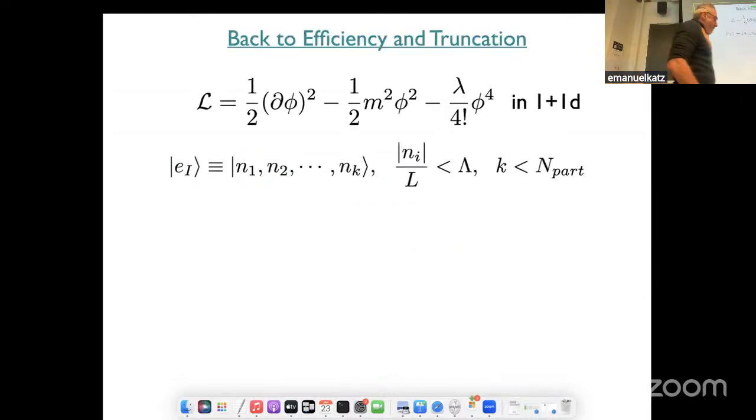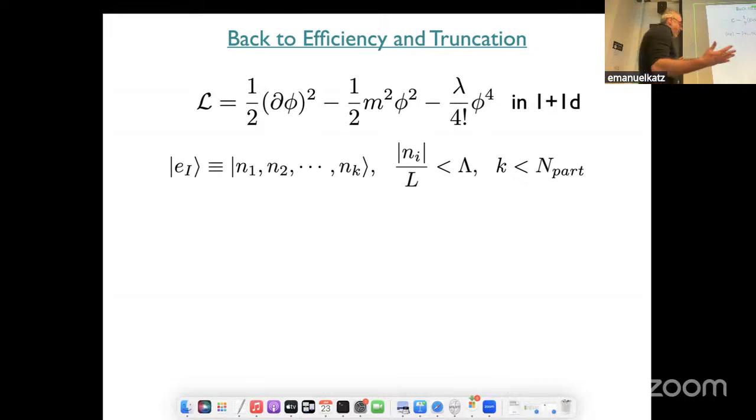All right, so let me come back to this question of efficiency and to the nature of truncation. I just want to explain some of the difficulties and challenges that one can potentially get. So here again is this example where we truncate on the momentum and we truncate on the particle number. So imagine that you're doing this computation in this 1+1 dimensional theory in this way.